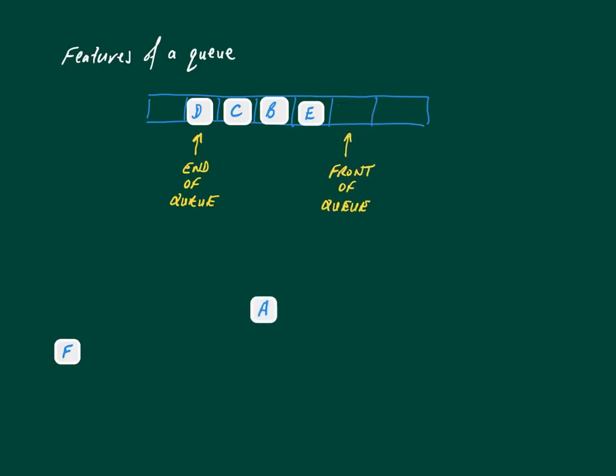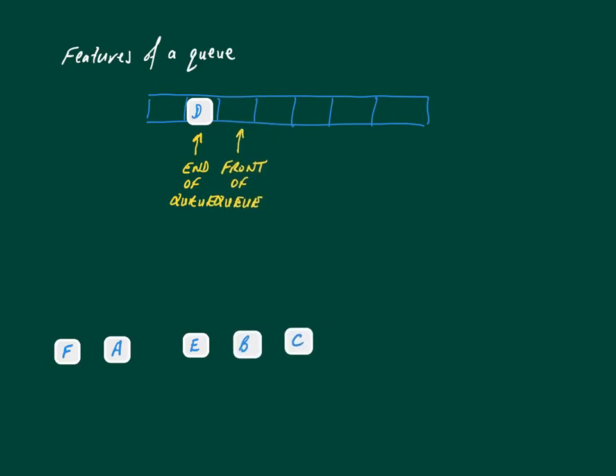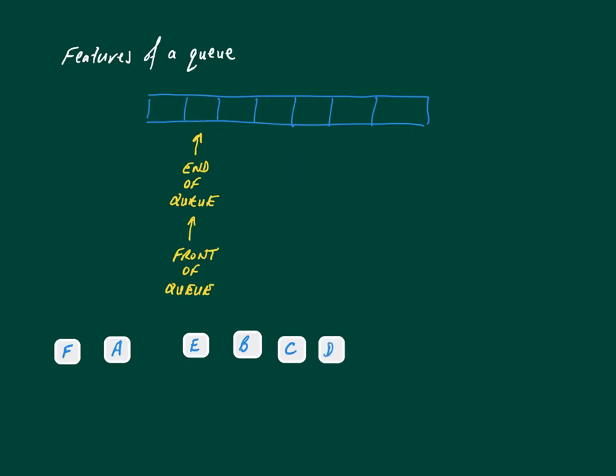Process another item, the front of the queue moves to a different pointer, and so on until the queue has been processed. Notice that the front of the queue can be the same as the end of the queue, but when there are no items, the front of the queue has nowhere to go next.